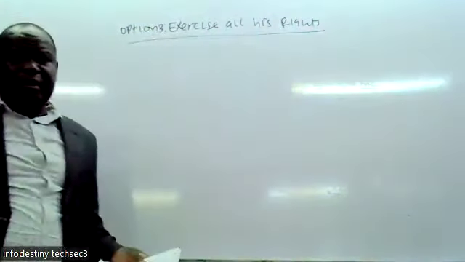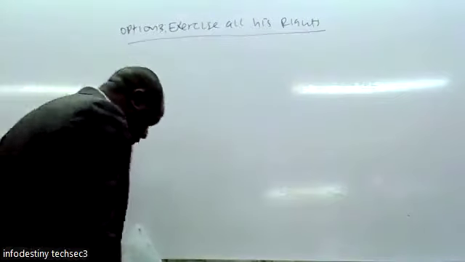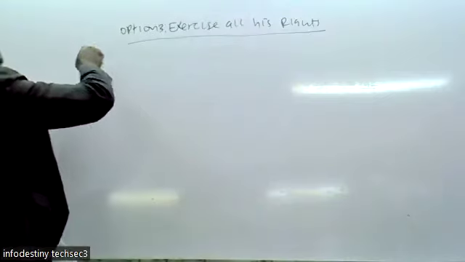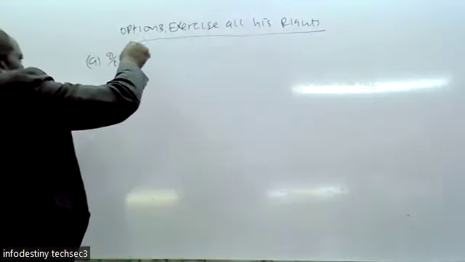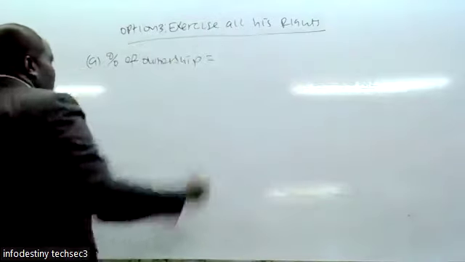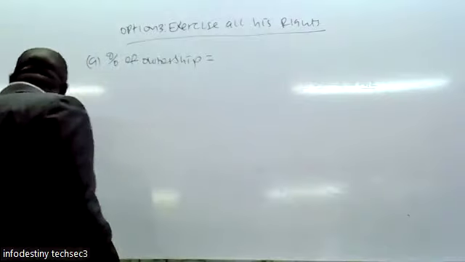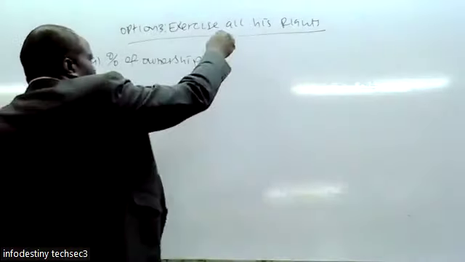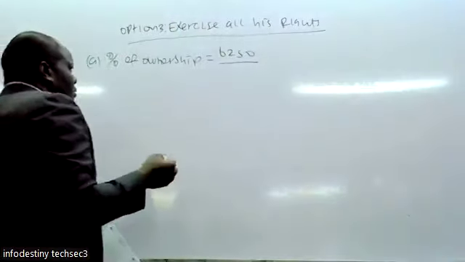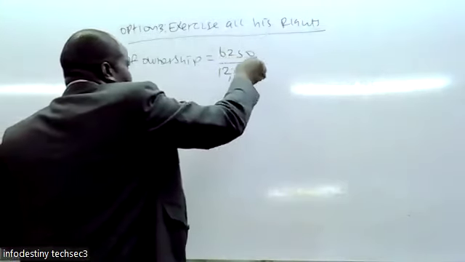We start off by computing the percentage of ownership. After the right issue, the investor has a total of 6,250 shares, but the total number of shares in the company is 12.5 million.